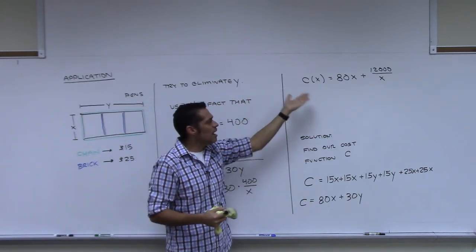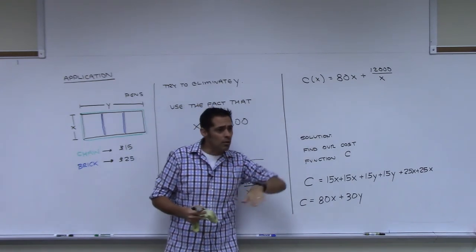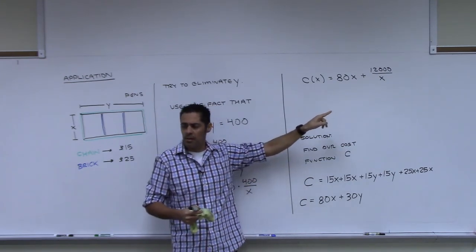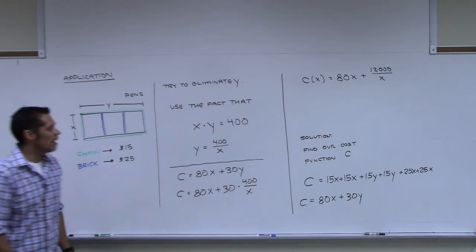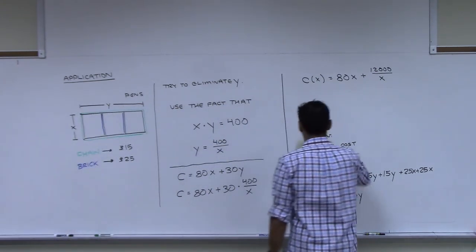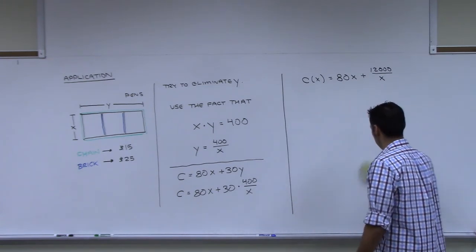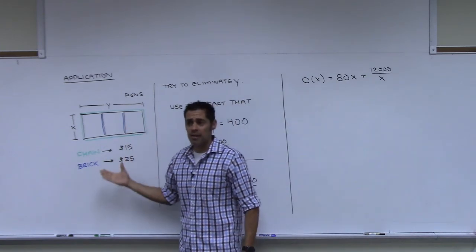Let's try and figure out right now if we can determine where we have a local minimum on that function. Let's see if we can find a lowest point on that graph. How would we do that? How would I find the lowest point on that graph? I just had it on the board, right? You take the first derivative, right?